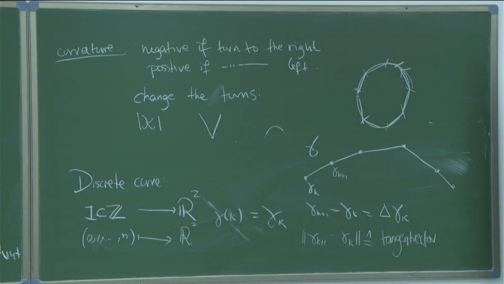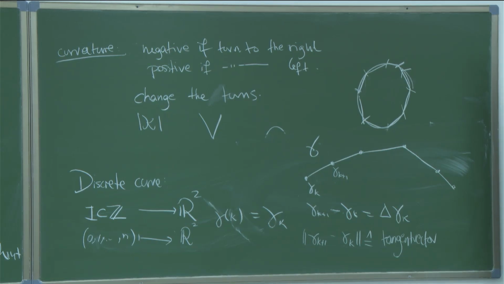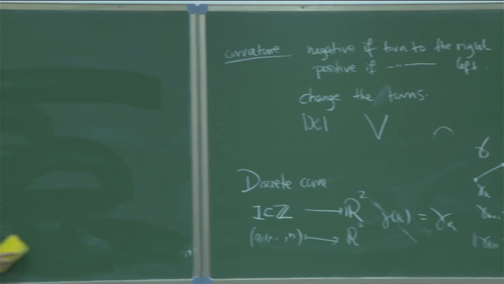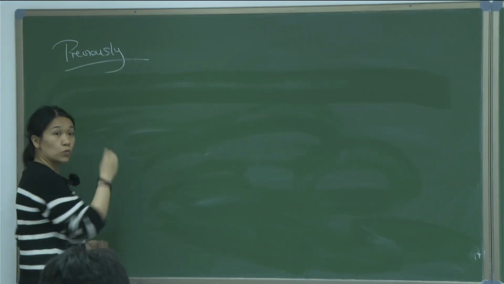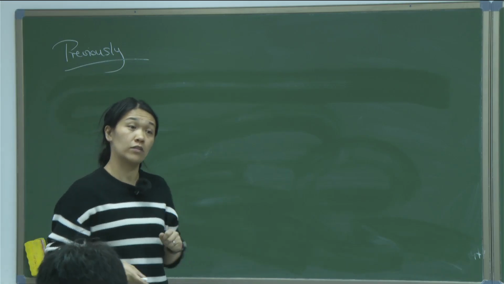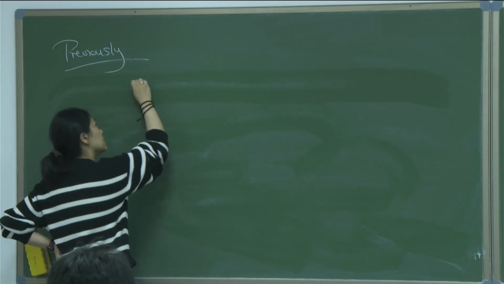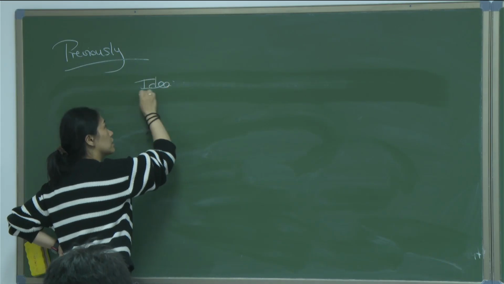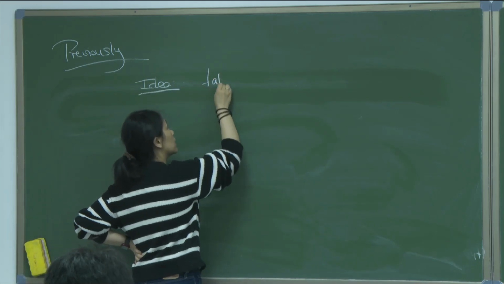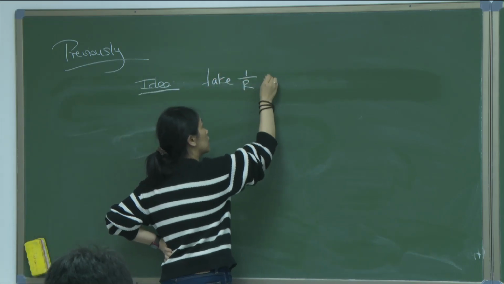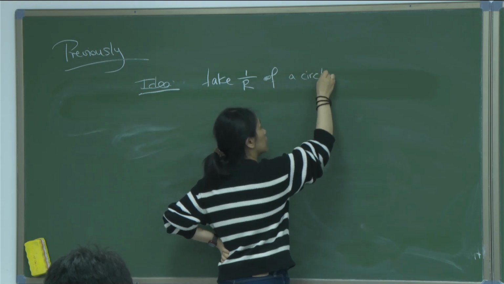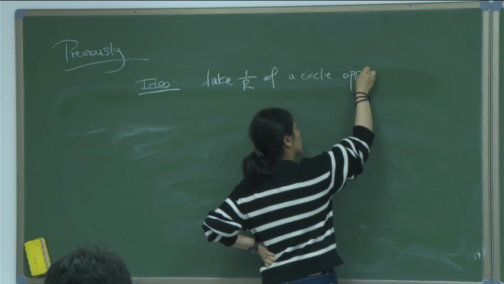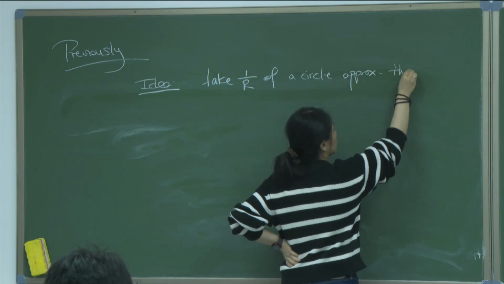So you can consider, for gamma k, the circle's radius from gamma k minus 1, gamma k and gamma k plus 1. That's one solution. So the idea is to take 1 over r of a circle approximating the curve.